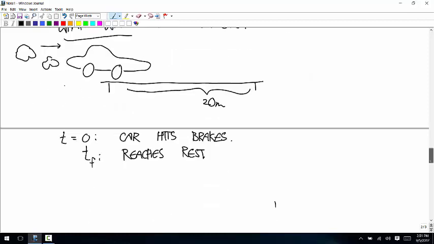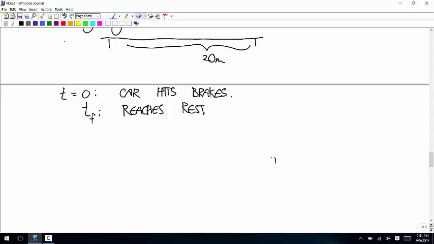So my P equals 0 is going to be the car's location at time 0, or the car's location when the driver hits the brakes. And then for a positive direction, this is arbitrary too, but I'll just say it's in the direction of motion.